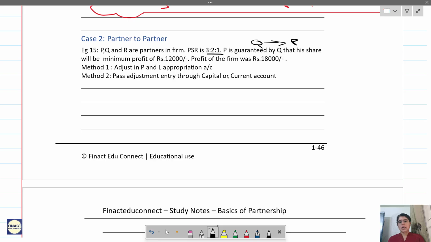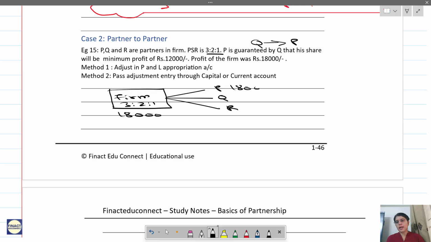The calculation is also easy, right? So now see here, what is the profit of the firm? So this is a firm, and your profit sharing ratio of partners is 3:2:1. And how much is the profit? 18,000. Now this 18,000 will be distributed among P, Q and R in the ratio of 3:2:1.